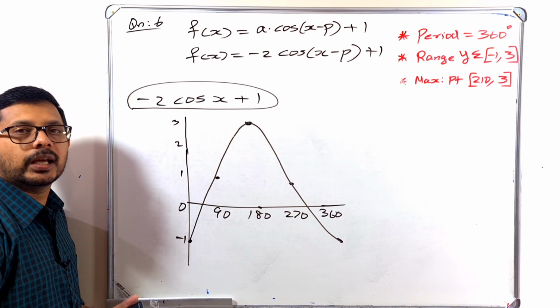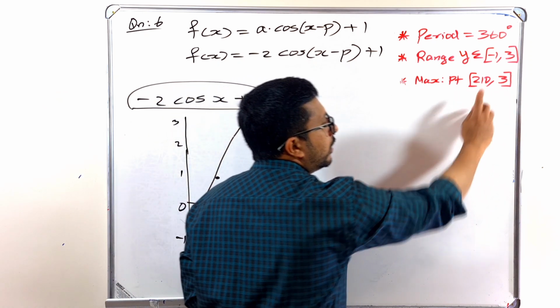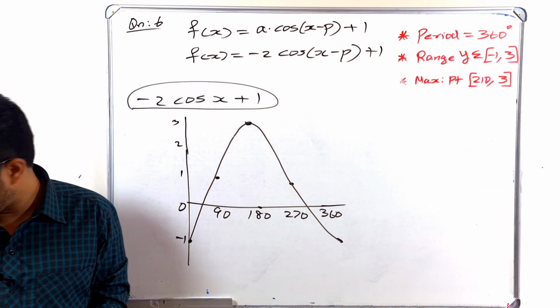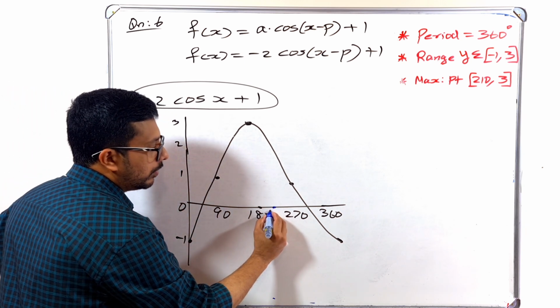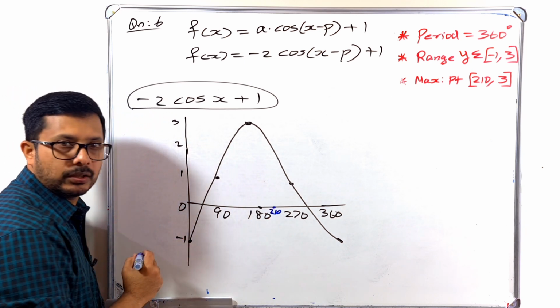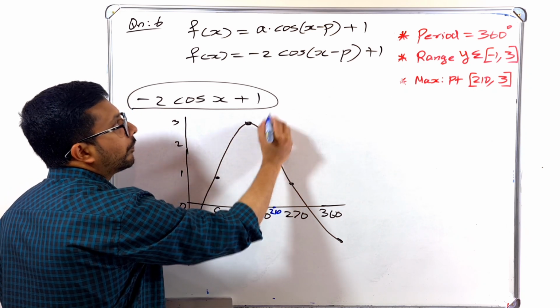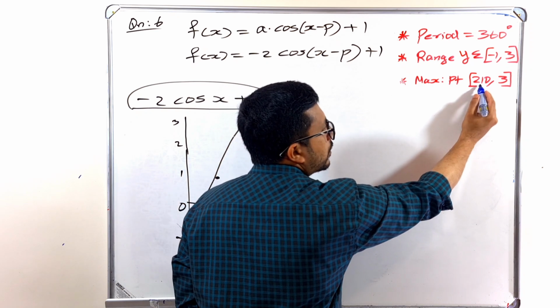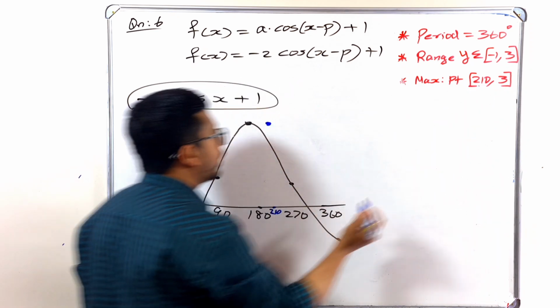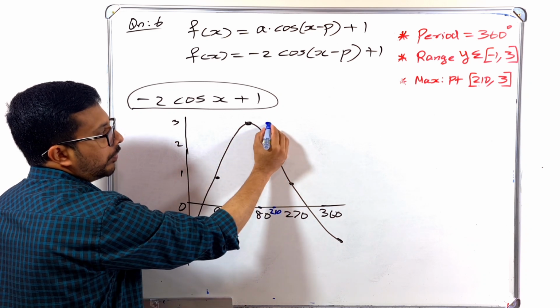But they are saying that the maximum value is 3 when the x value is 210. So 210 is just after this one. So when it is 210, the maximum value is 3.